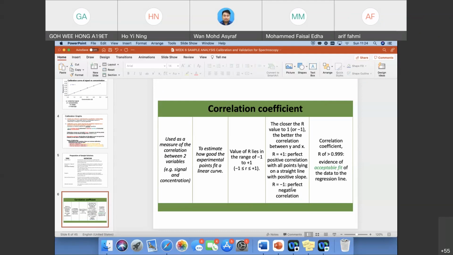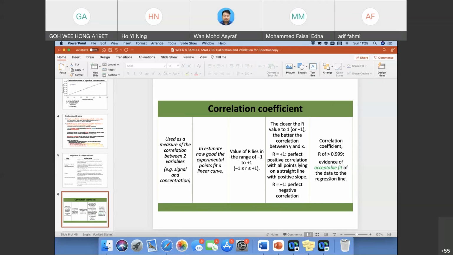The correlation coefficient here is stated that R must be more than 0.999, which is very near to 1. If it is within the range of 0.99, it can be acceptable to show that your experimental data fit your linear curve.